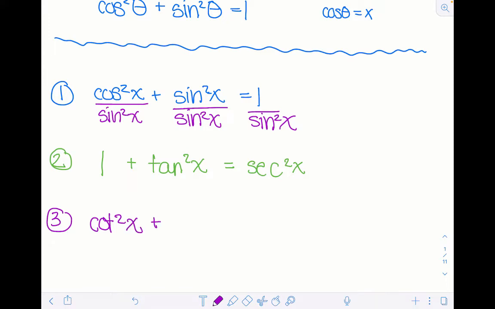Sine over sine is going to be 1. 1 over sine is cosecant, so that is going to be cosecant squared. And these are our 3 Pythagorean identities. So you really need to know all 3. But again, I recommend only memorizing the first one and knowing that you can just use division to get to either of the other ones.